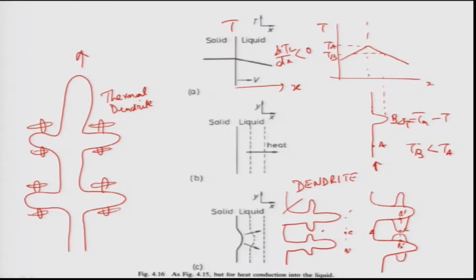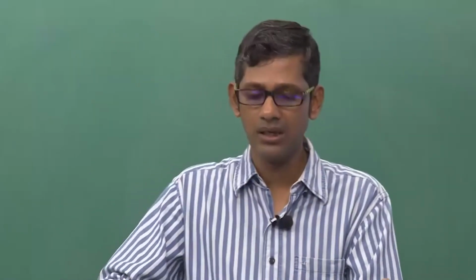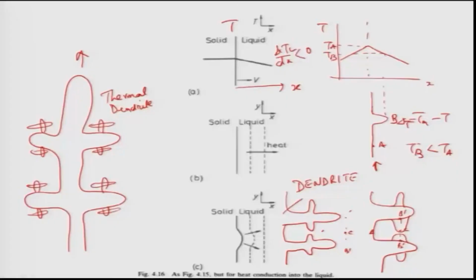If the temperature gradient is very high, then heat transport will be faster, as you know, because this is given by Fourier's law. The heat transport or the flux depends on the temperature gradient, just like a diffusion equation. Therefore, the higher the slope of this curve in the liquid, the faster is the heat transport.